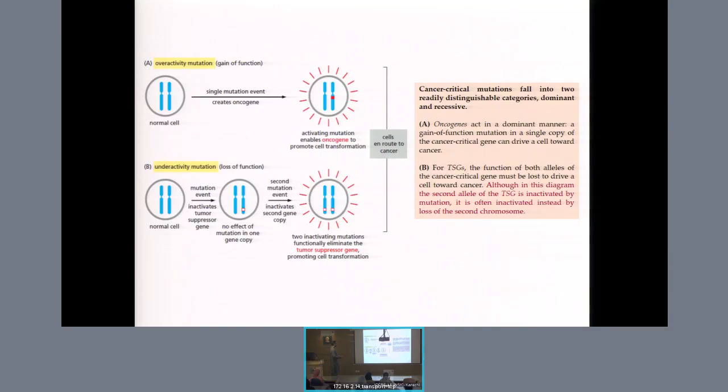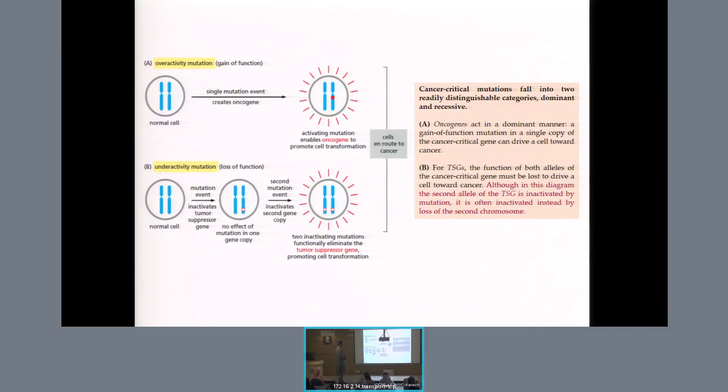We have a mutation here. It created an oncogene. An activating mutation enables the oncogene to promote cell transformation. So oncogenes act in a dominant manner. A gain of function mutation in a single copy of the cancer critical gene can drive a cell toward cancer.